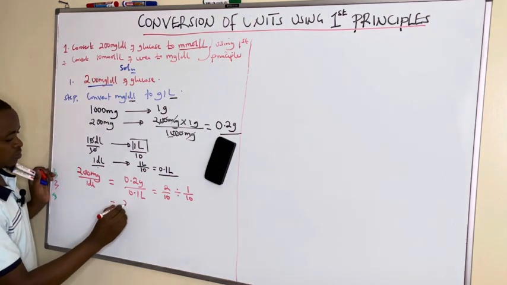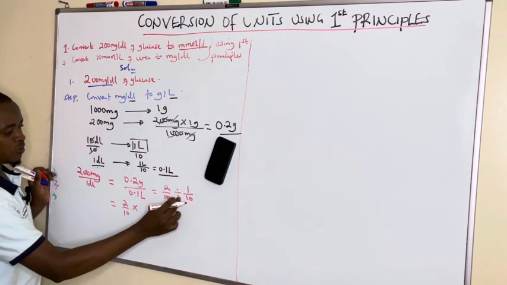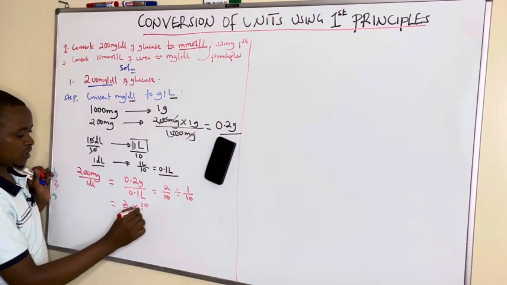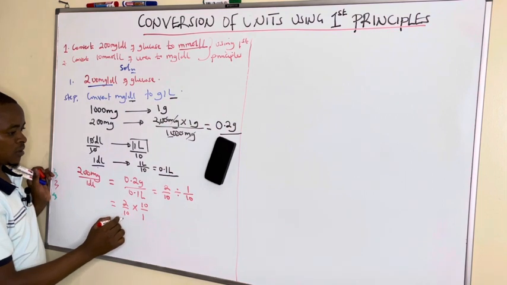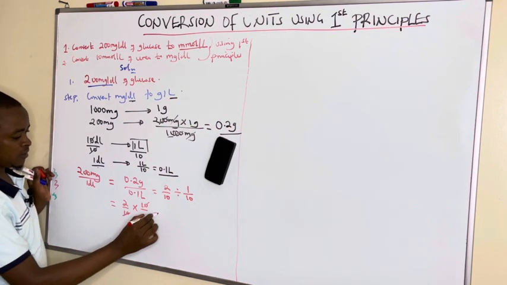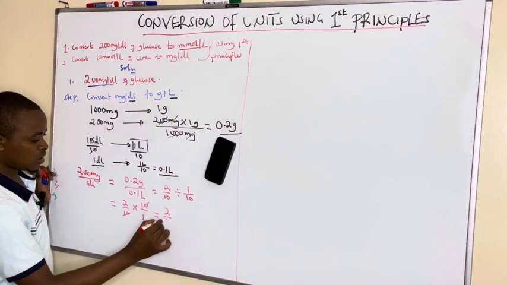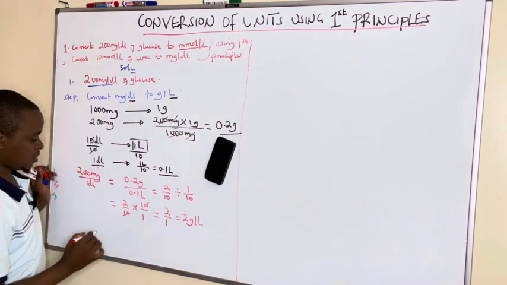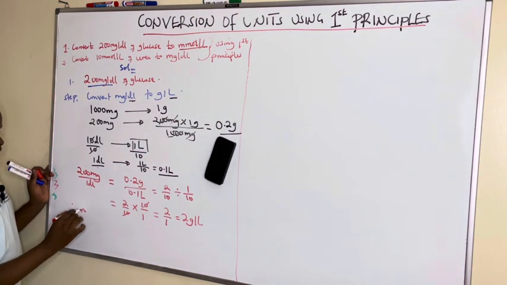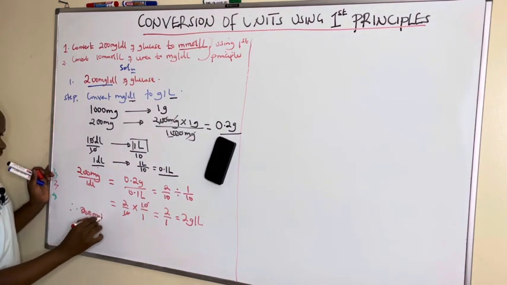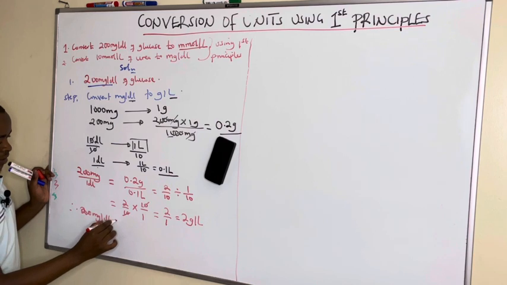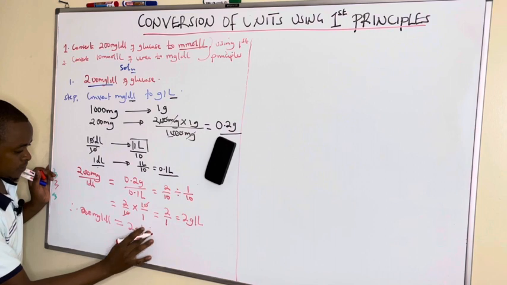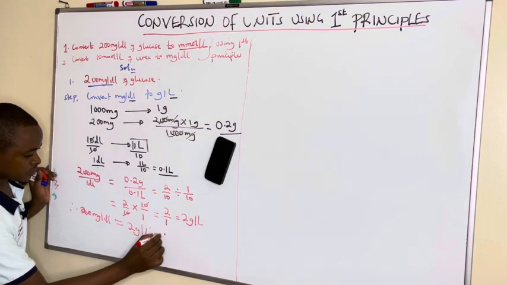We remove the division sign by taking the reciprocal, so 10 goes up, the 10s cancel, and we remain with 2 out of 1, which is 2 grams per liter. Therefore, 200 milligrams per deciliter of glucose is the same as 2 grams per liter of glucose.